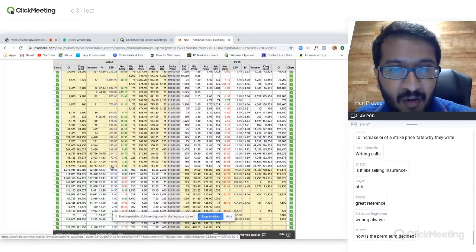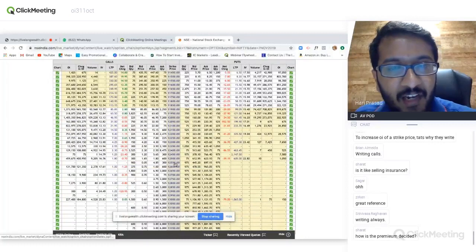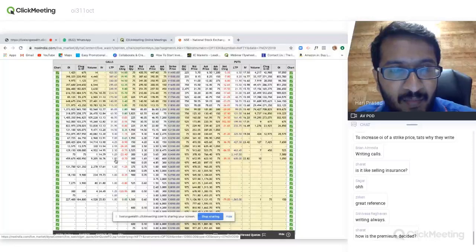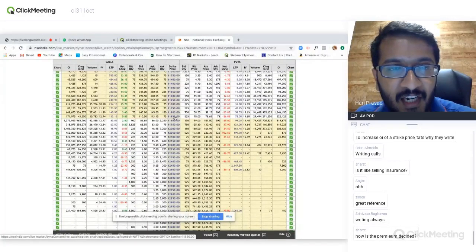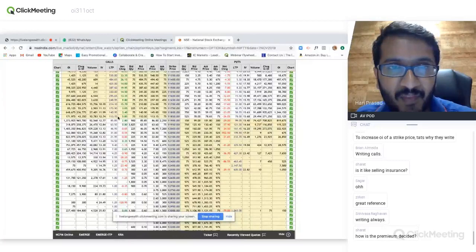Now, the premium associated with the 12,500 contract is just 1.8 rupees. While the premium associated with the 11,850 contract is 130. Can anyone answer why?